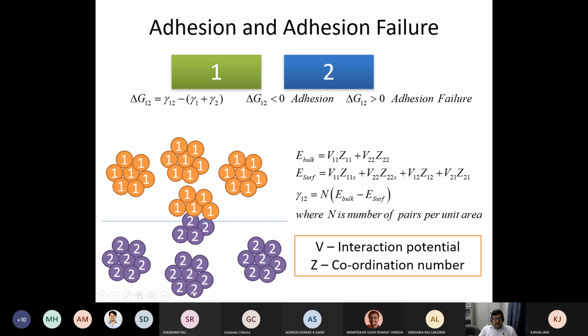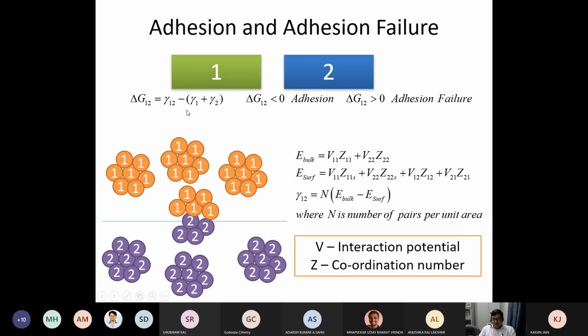And when I bring them into each other, you may see V12, Z12 and V21, Z21. Now, molecule by molecule, if I do an averaging, I will be able to come up with gamma 1,2 equal to N into E bulk minus E surface, where N is the number of pairs per unit area.